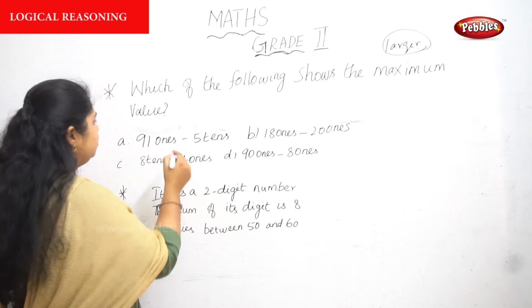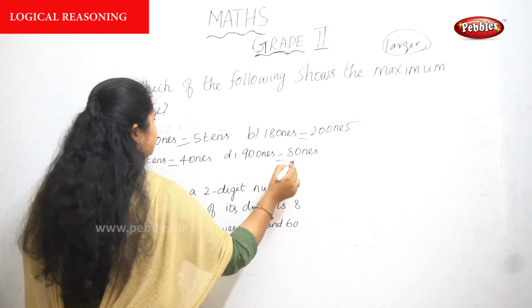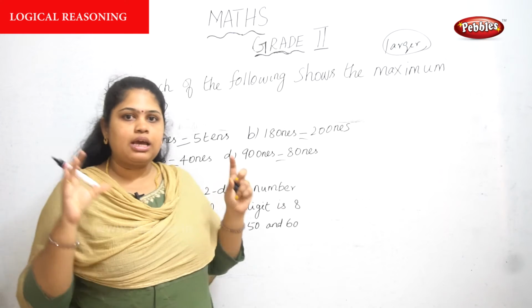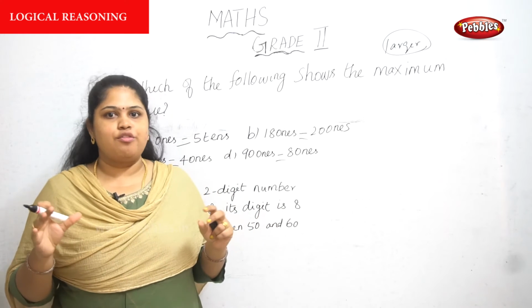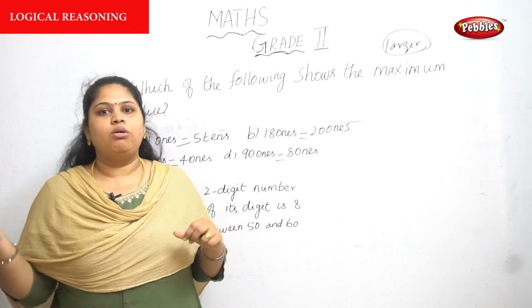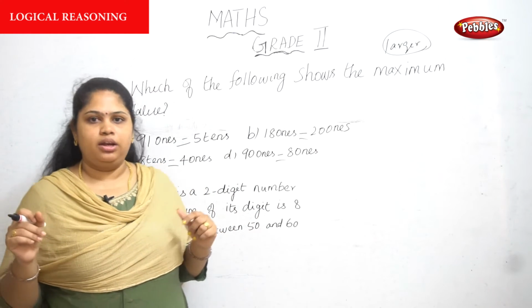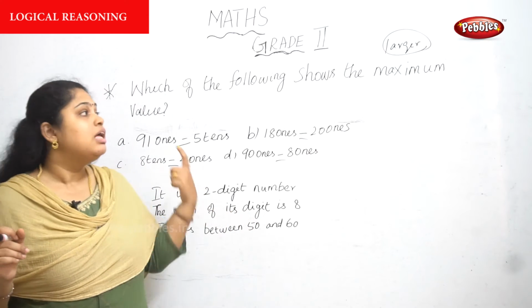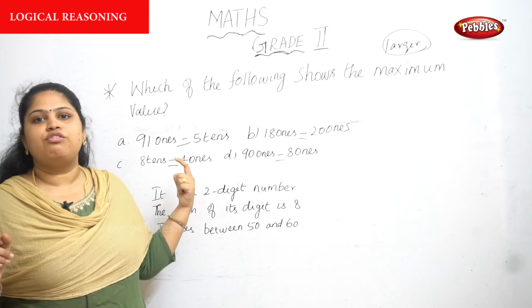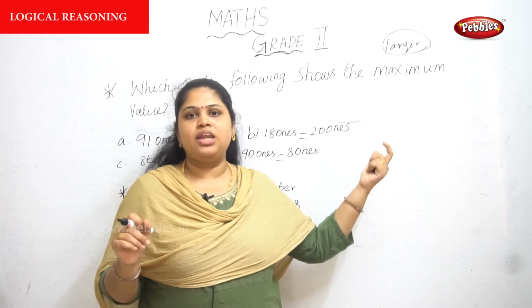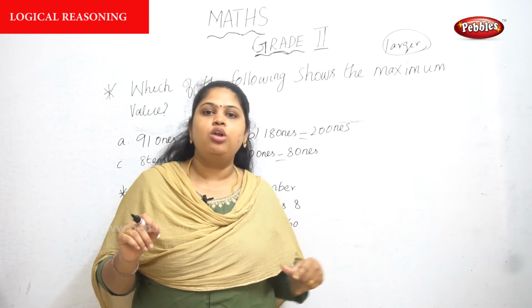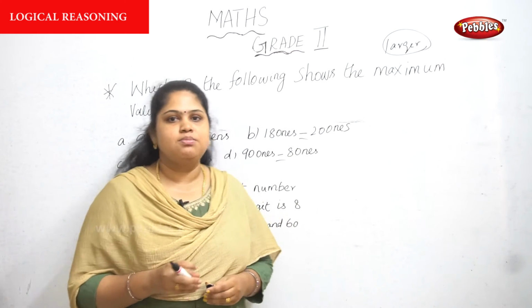Note the point here: everything is given as a subtraction. So we have to make it a whole number instead of ones and tens, and perform the subtraction. Then after getting the answers for the four options, we compare them to find out which option has the maximum value.